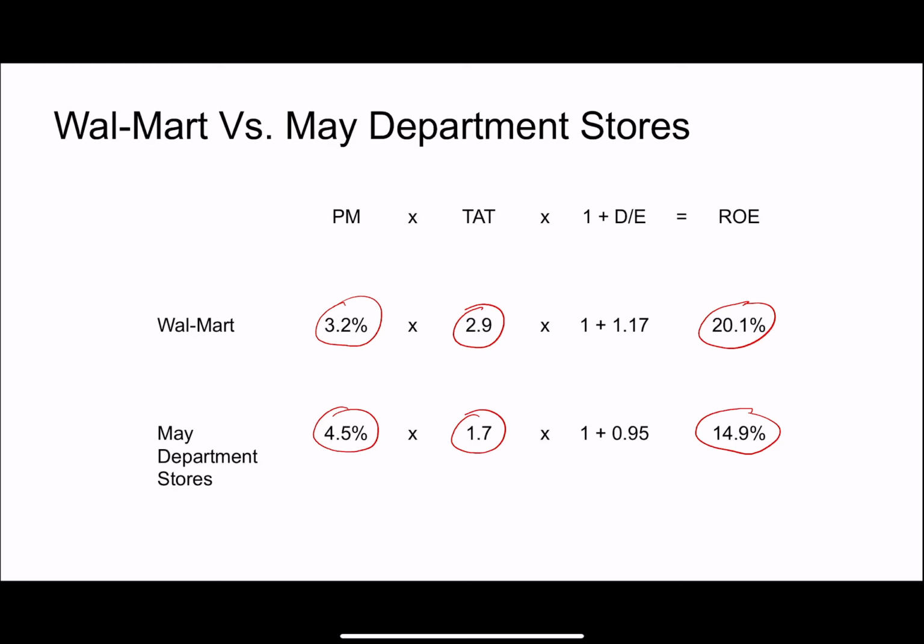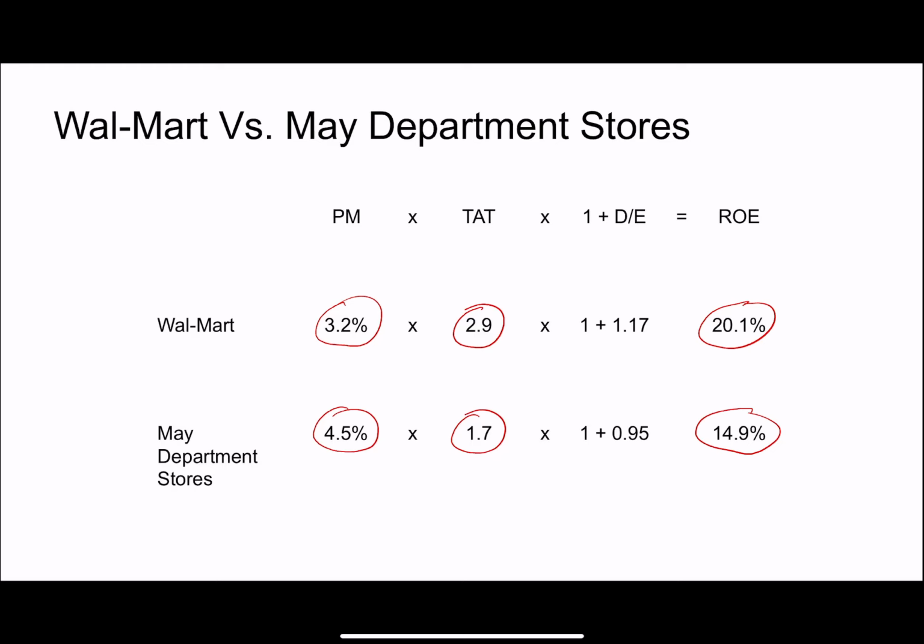They also have relatively low cost because they negotiate buying in huge amounts, so they're able to reduce their cost. That helps their profit margin a little bit, but their pricing is still way lower than everybody else's. So their profit margin on average is going to be lower than some of the more high-end stores.